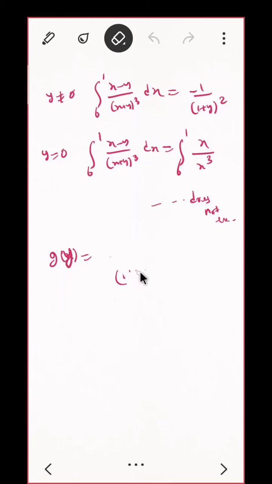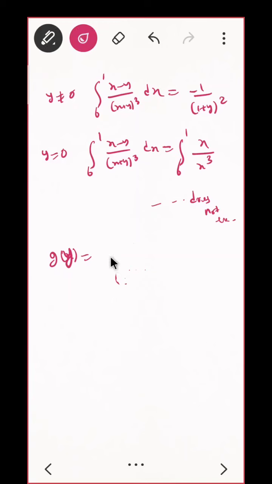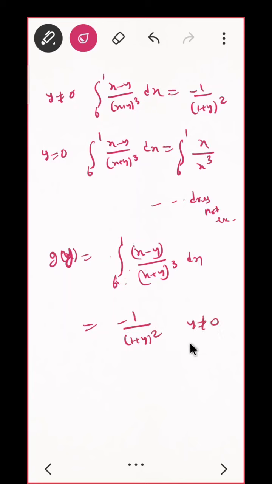I don't know how to make this eraser bigger, so I will have to see. So this is actually 0 to 1. What did I find? x minus y upon (x plus y) the whole cube. So which is my new function? This is equal to minus 1 upon (1 plus y) the whole square when y is not equal to 0, and when y equals 0 it does not exist.